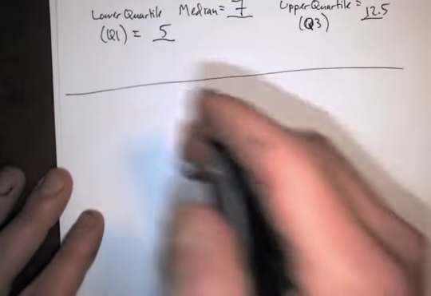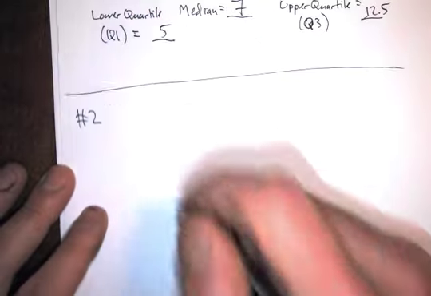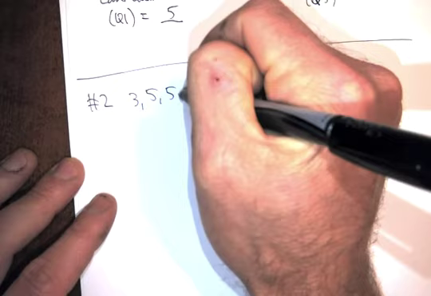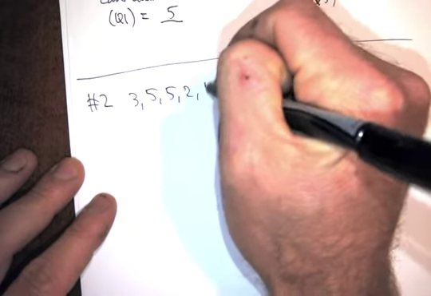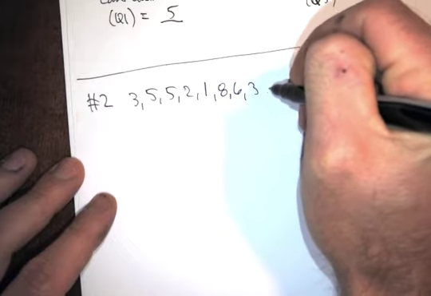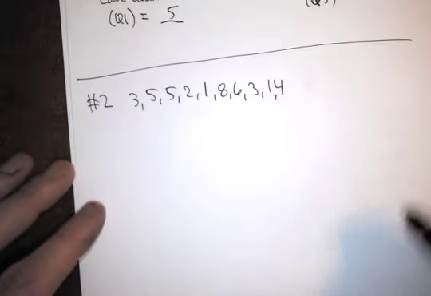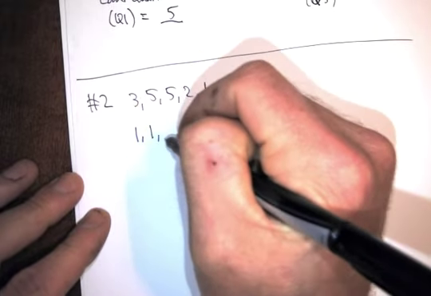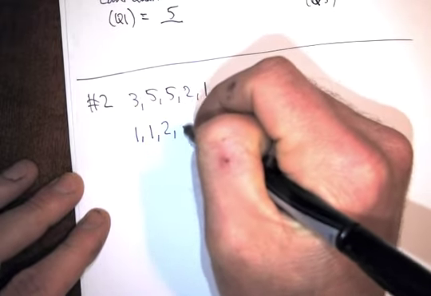Example number 2, we'll make it a little bit trickier. We'll have the numbers not be in order. So I'll just quickly write down this data set that I have. Okay, and the first thing you want to do is put it in order. All right? It will make it a lot easier to calculate these things out.